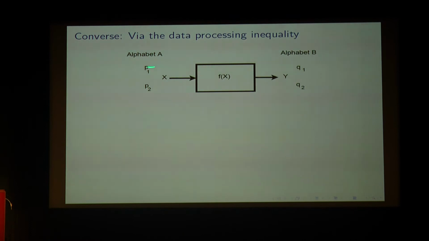X takes values in a particular alphabet, let's say A, and you have some distinguishing capability based on X. If X is distributed according to P1 versus P2, there is some distinguishing capability. You could try to see what happens when you process the data and you get a particular Y. P1 will induce a certain distribution Q1 on the other side after the processing, and P2 will induce a distribution Q2. So you can ask, how much better is my distinguishing capability on the other side after the processing?